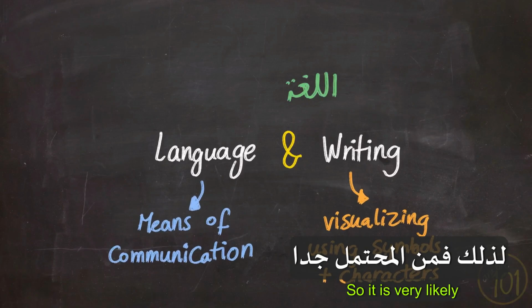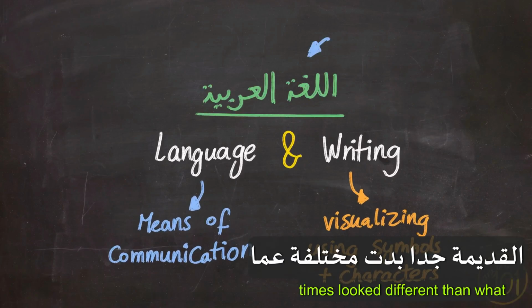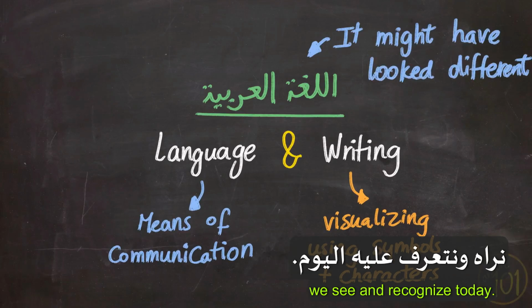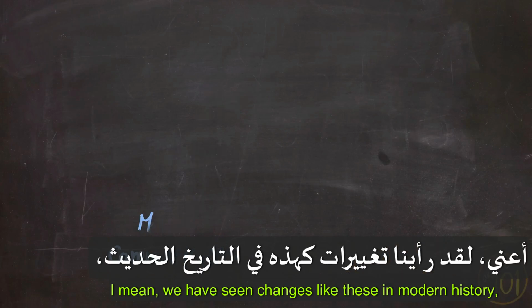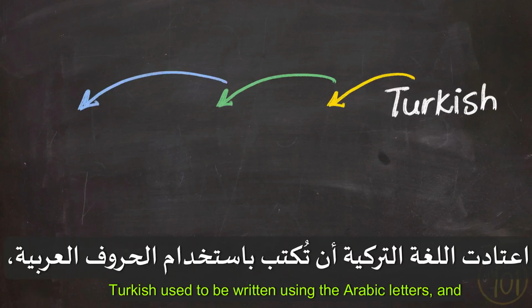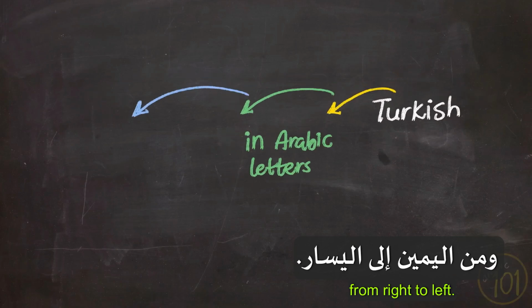So it is very likely that Arabic in very ancient times looked different than what we see and recognize today. I mean, we have seen changes like these in modern history, like what had happened to the Turkish language. Turkish used to be written using the Arabic letters, and from right to left.